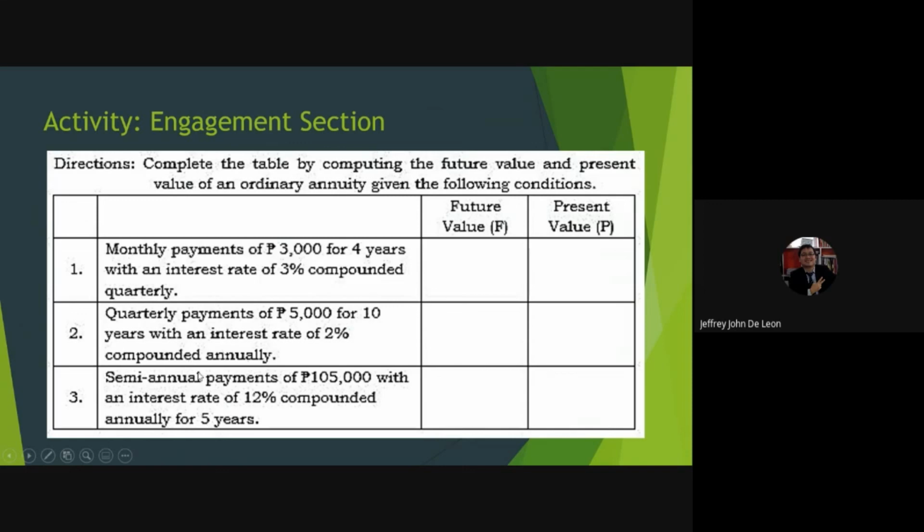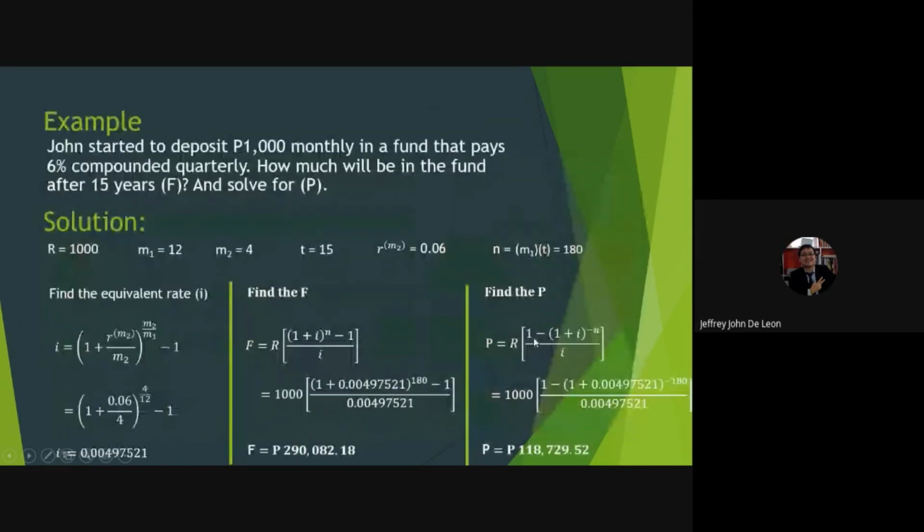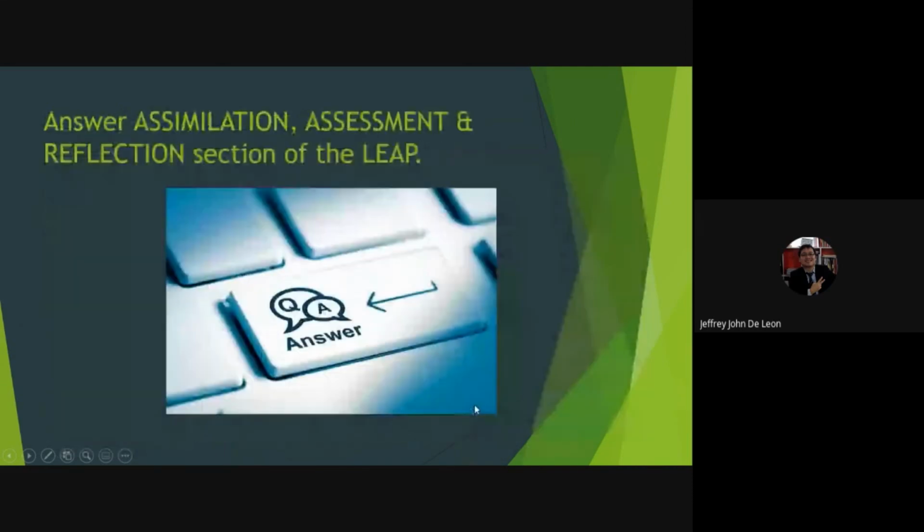General annuity, since they are not equal. Semi-annual payment, the payment interval is 2, compounded annually, that's 1. So this is a general annuity. You can find the F and the P using these formulas, like the example here. I guess you can answer the simulation, assessment, and reflection section of the LEAP. That's all.